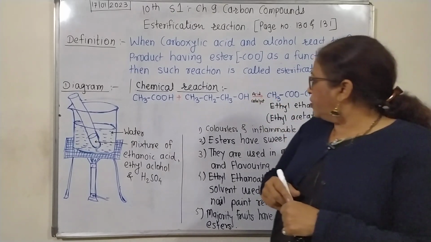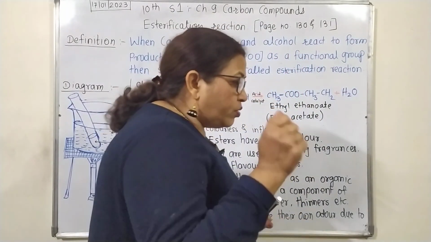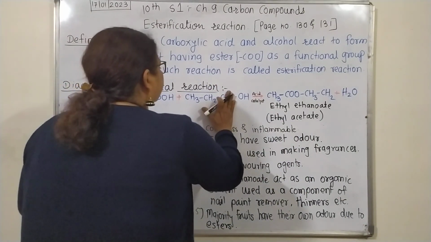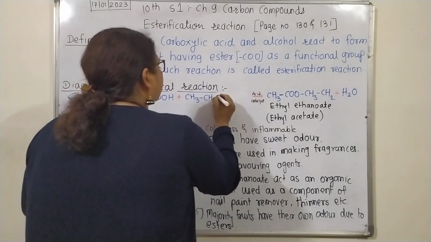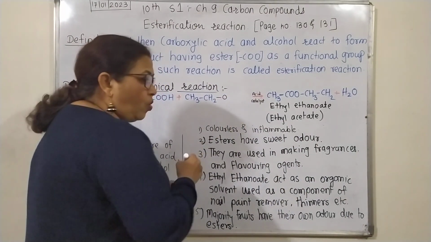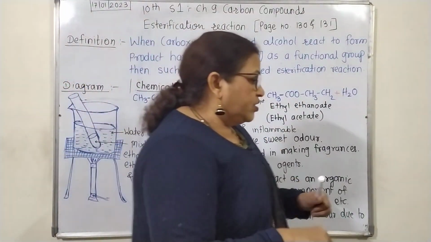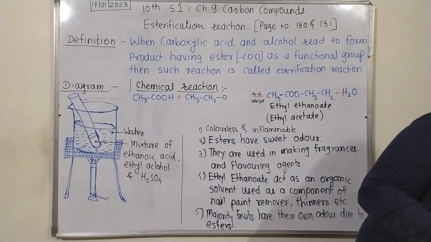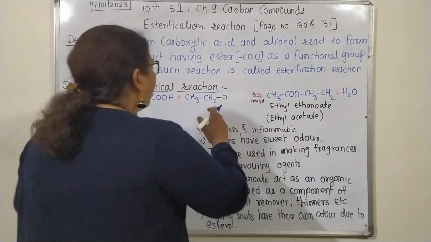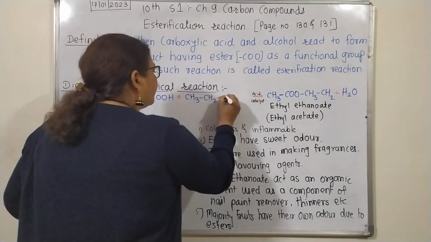CH3CH2OH. Here our formula is wrong. CH3CH2OH is actually the chemical formula for ethyl alcohol, not ethanoic acid. So we have to do here some correction.